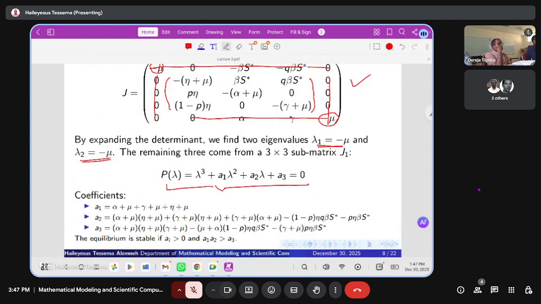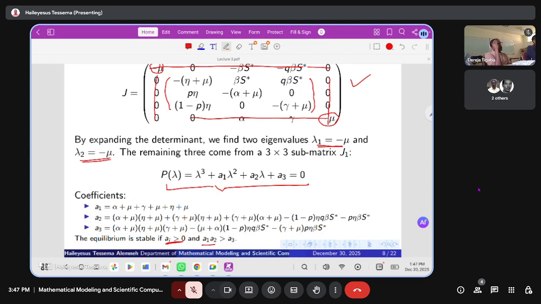And the coefficients are these ones. A1 is this one, A2 is this one, A3 is this one. What's required from us is that we should show that each a_i should be greater than 0. In addition to that, since it's a 3 by 3, a1 times a2 should be greater than a3.